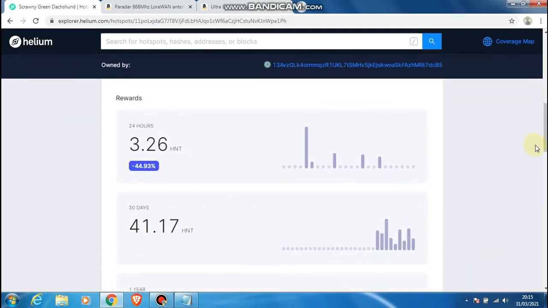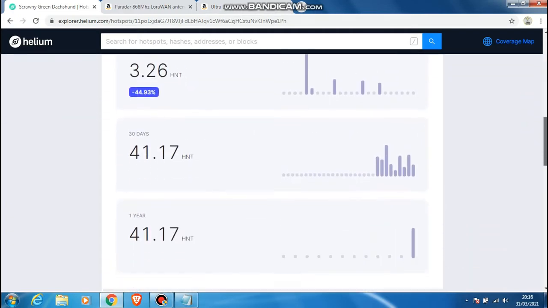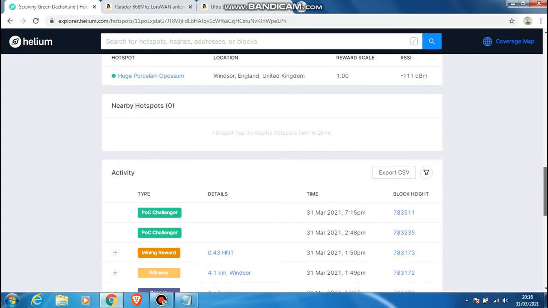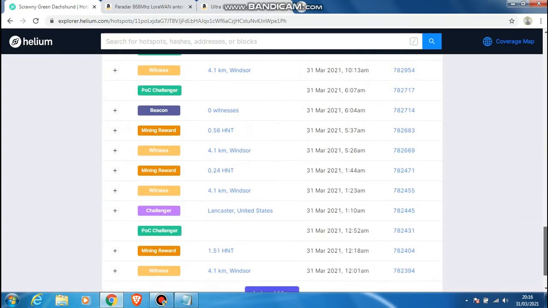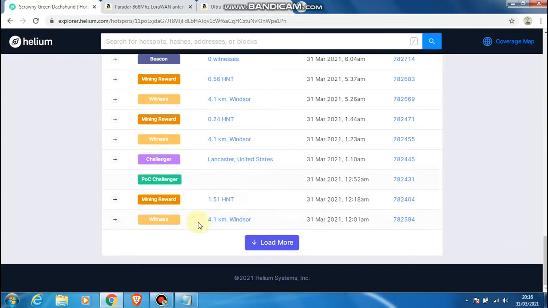What I've learned, and this is very important, is how you actually get paid. I've been looking at the mining transactions, and what I've noticed is I've only got one witness within range. It's 4.1 kilometers away, based in Windsor.